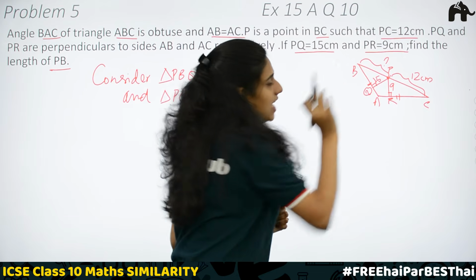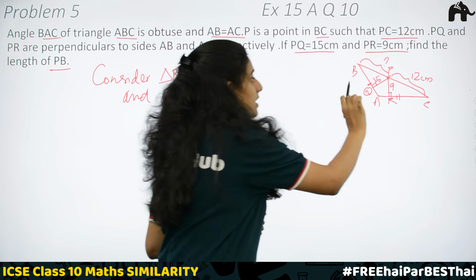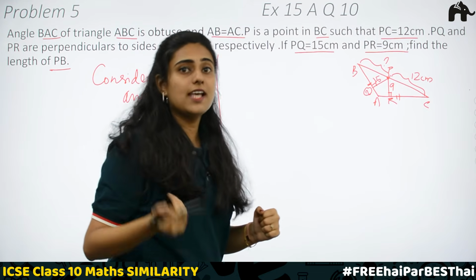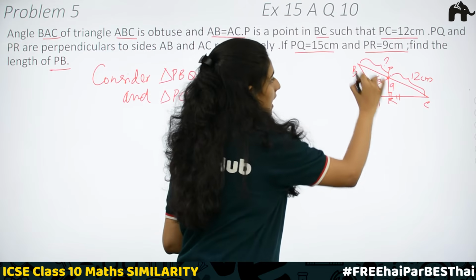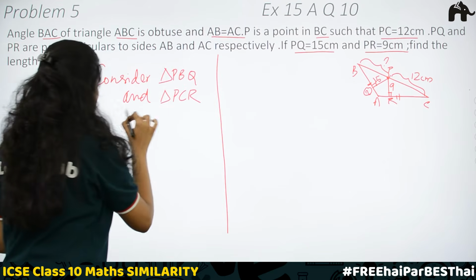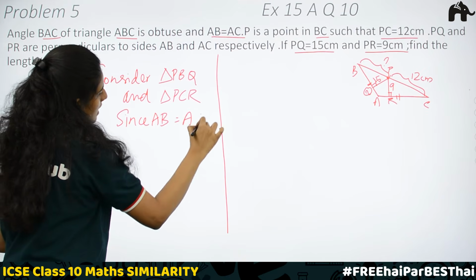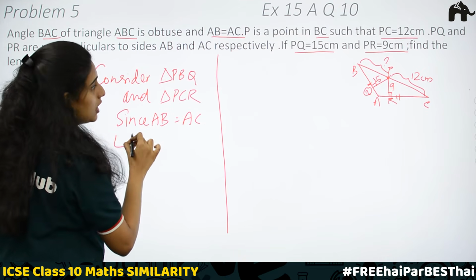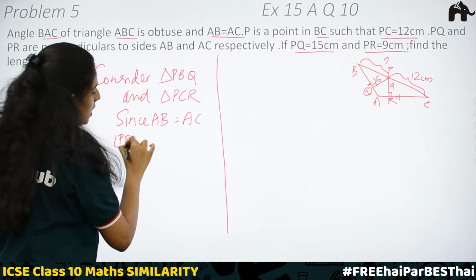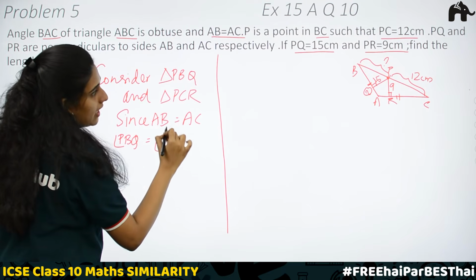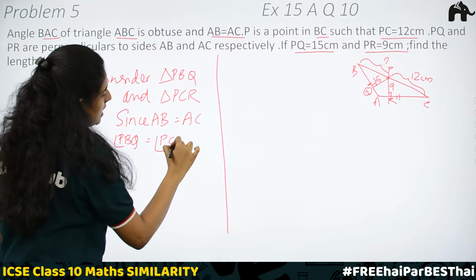Here, we have studied a property. Angles opposite to equal sides are equal. Here, it is given that AB is equal to AC. Since AB is equal to AC, angle PBQ will be equal to angle PCR.